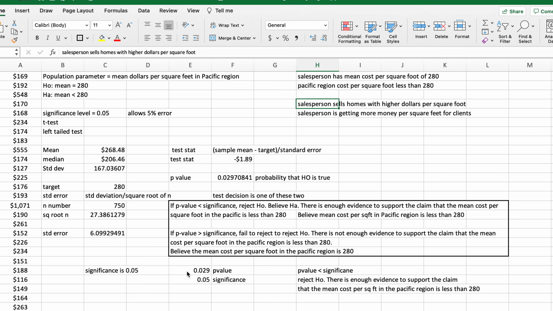So that means the salesperson is doing better. He's getting more money per square foot for his clients than the rest of the Pacific region. Okay, we're saying the Pacific region's average is less than 280, but the salesperson's is 280.